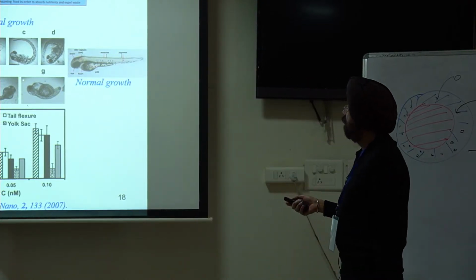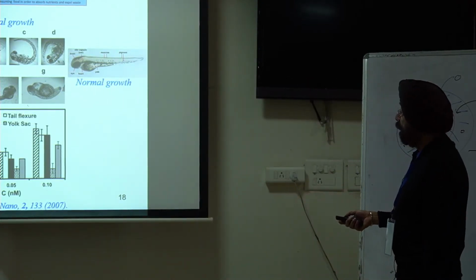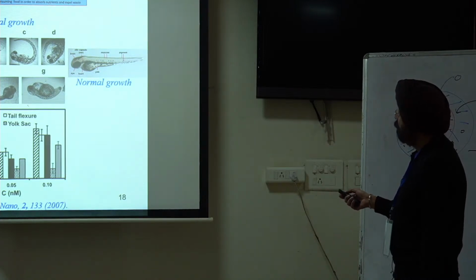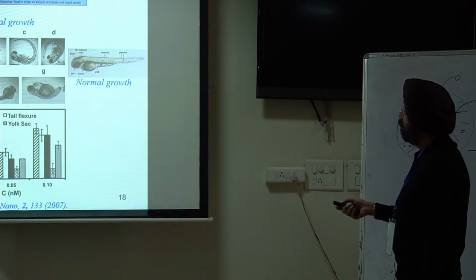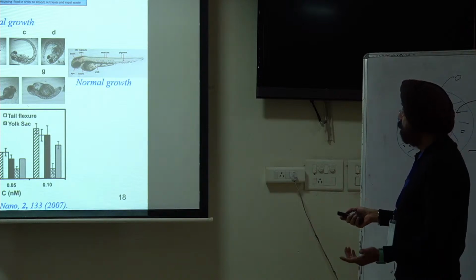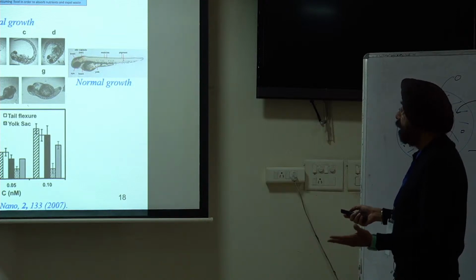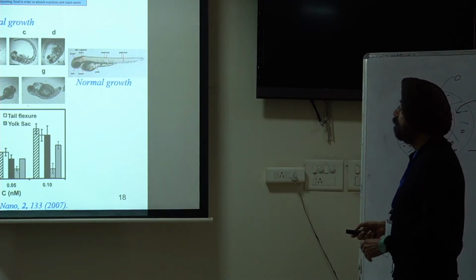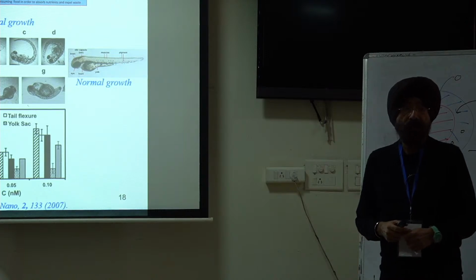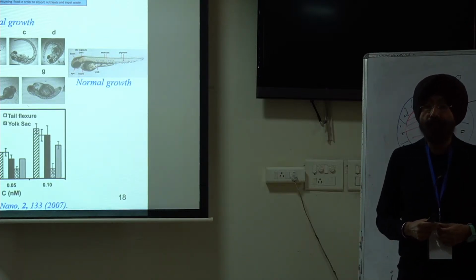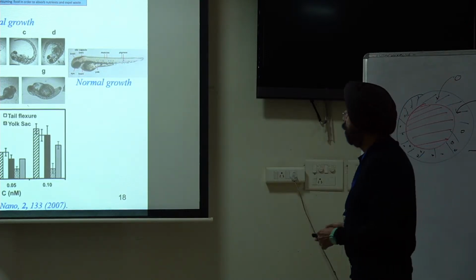So there is abnormal growth, and the fin fold is straight over here, but it's curved here. The cardiac region, yolk sac, and eye, all kinds of organs are showing deformation with respect to the exposure of the nanoparticle.